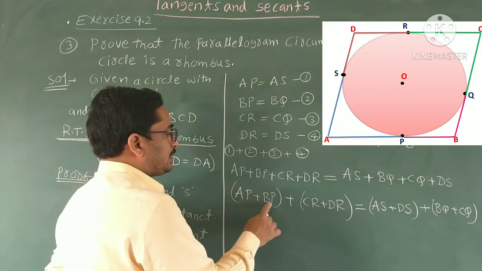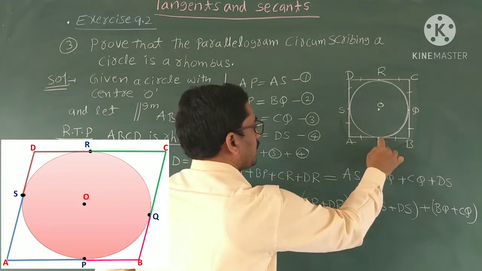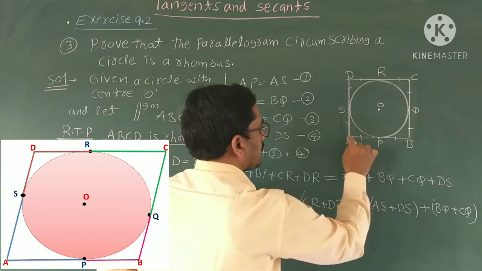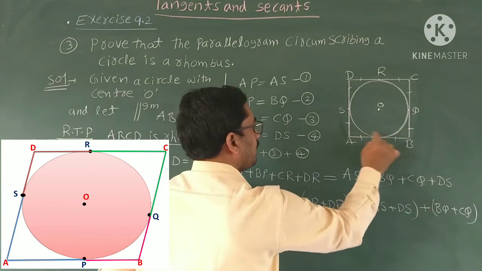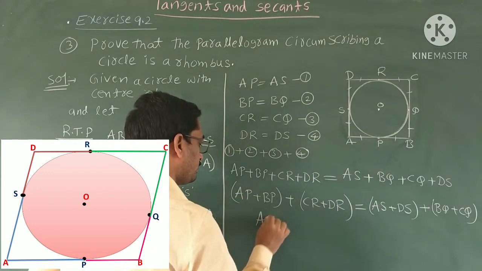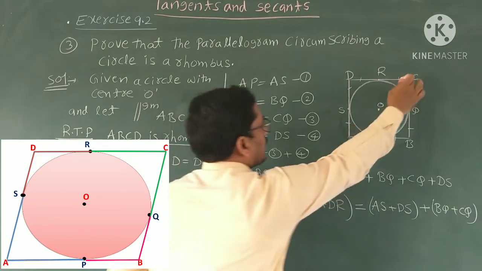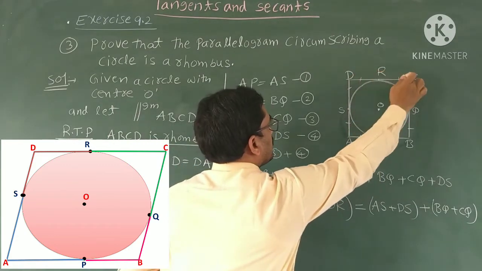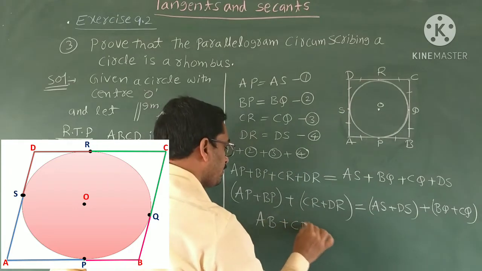So AP plus BP, the complete length is AB. AB is divided into two parts, AP and BP, so AP plus BP equal to AB. Similarly, CR plus DR, the sum of these two is the complete side CD.